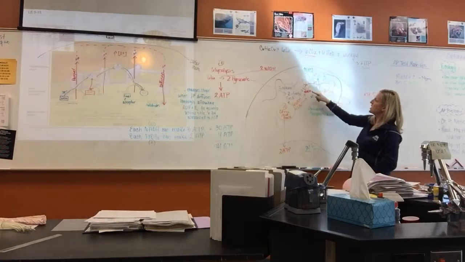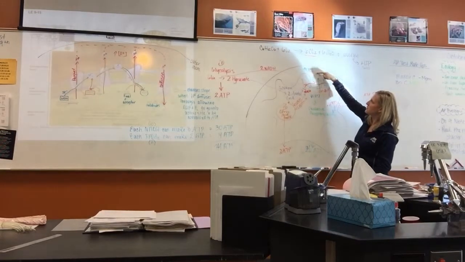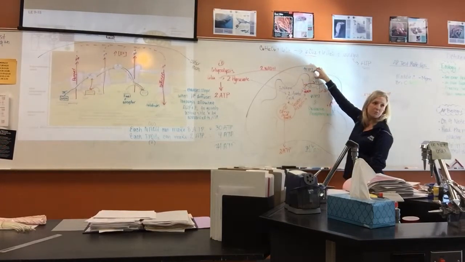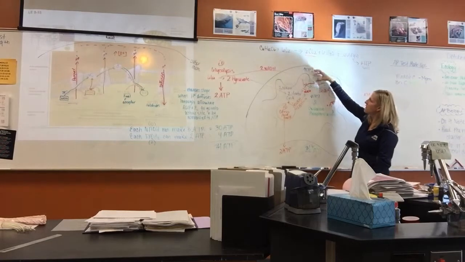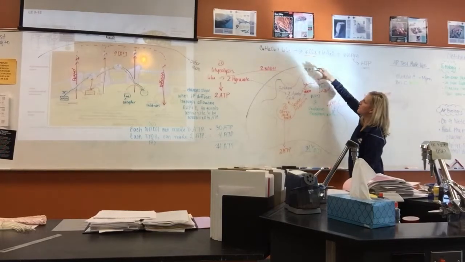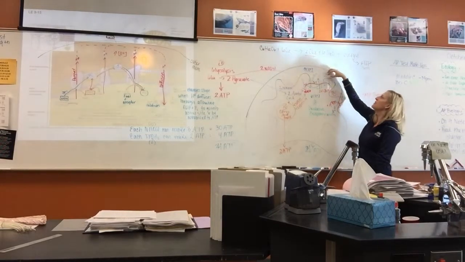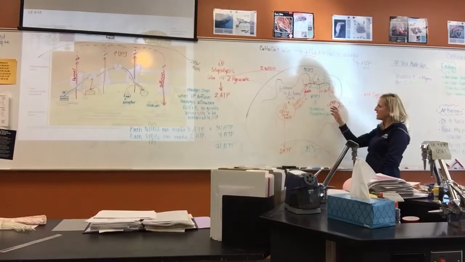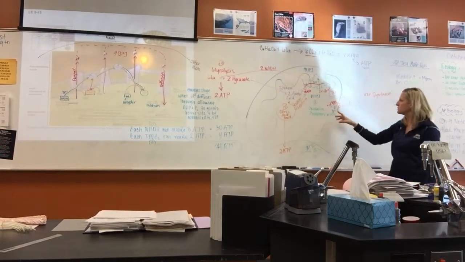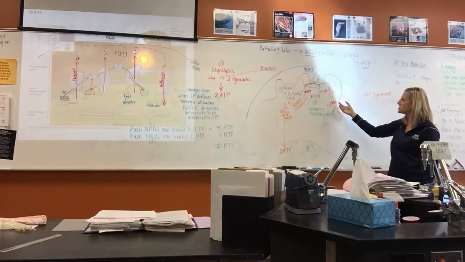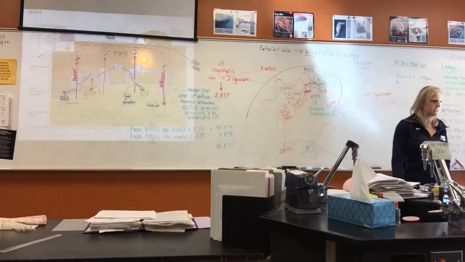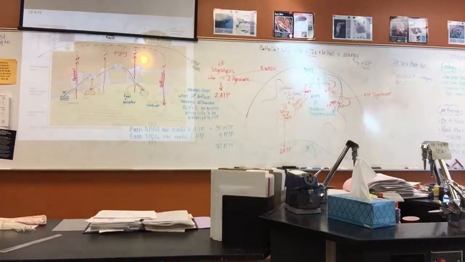That energy is used to pump H pluses across the membrane. This is your proton motive force. It's like water behind a dam here. So we have a bunch of H pluses that can now diffuse back into the mitochondria, changing the shape of the enzyme and making your ATP. All right, and so that's your flow.